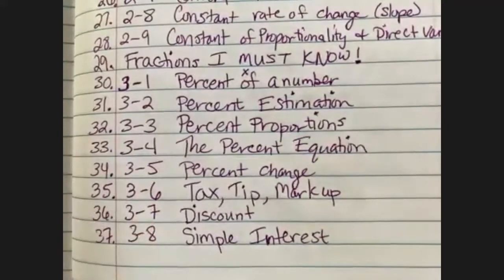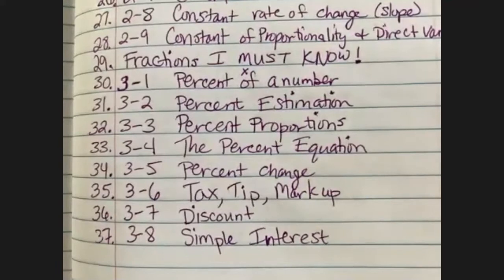And today we're going to be working with simple interest, which also deals with, guess what? Percentages. So this whole chapter is on percents. We've been working a lot with decimals and fractions because percent means out of 100 or per 100.